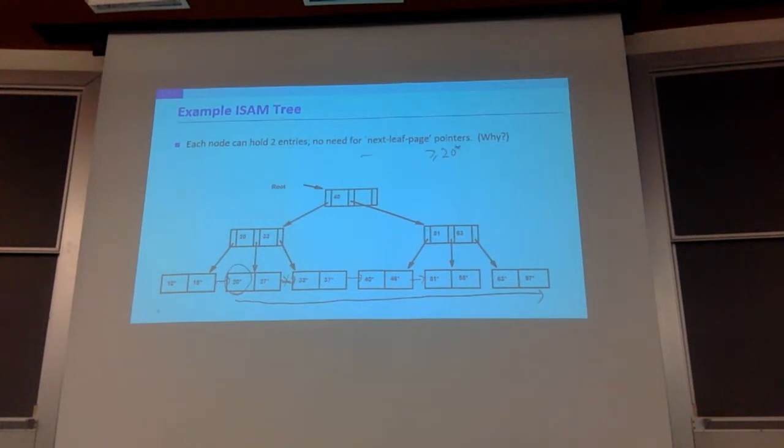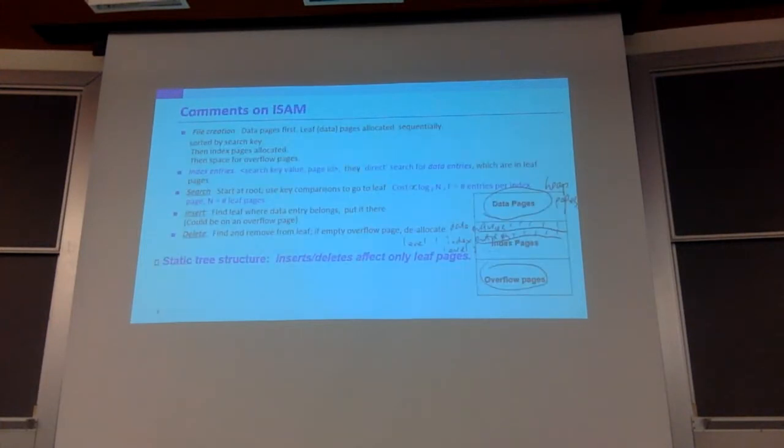Any ideas? The next level up, I don't know if you can go back up. No, you should not go back up. Yeah, the reason lies in this: all the pages are actually stored consecutively in one level. So when you construct this, these are still the data entries.